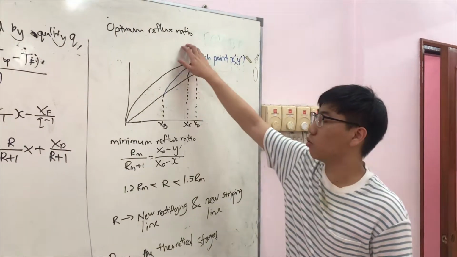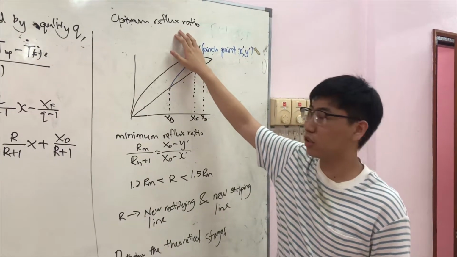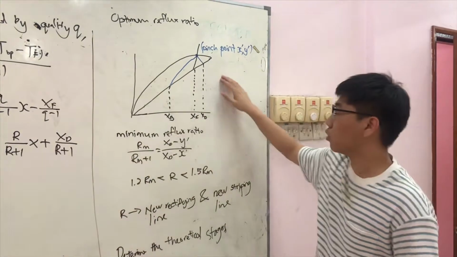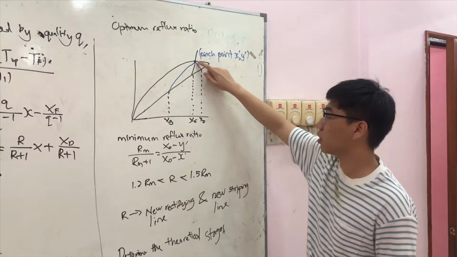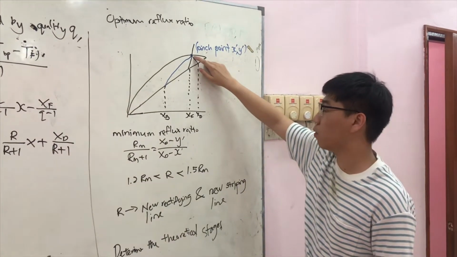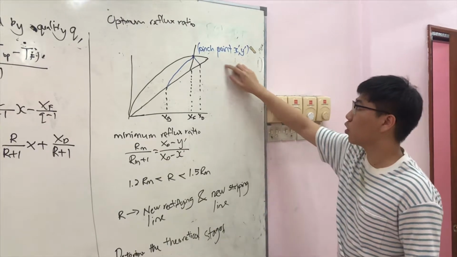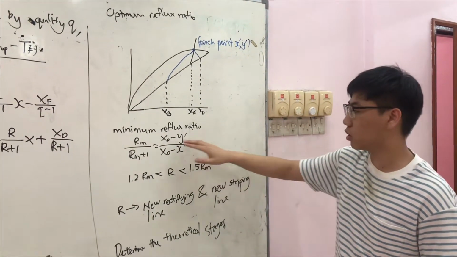The question needs us to determine the ultimate reflux and calculate the number of theoretical stages. From this graph, we can draw another line to the point that touches the q line and the equilibrium line. This point is used to calculate the minimum reflux ratio, using this formula.